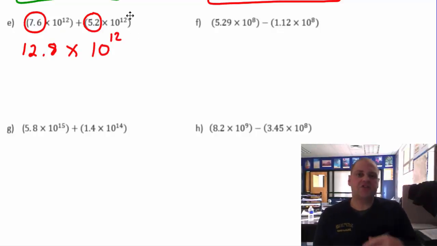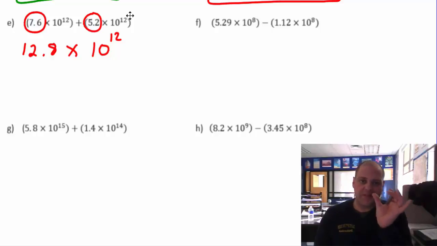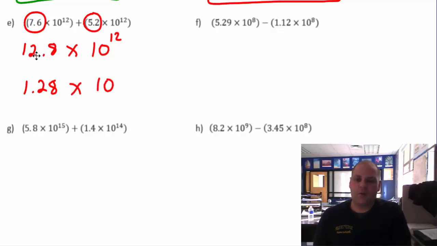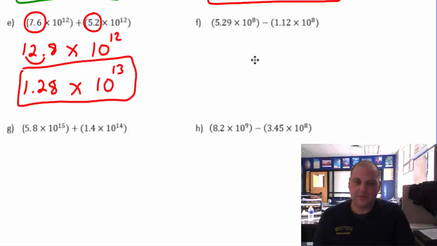Just like x squared plus x squared is 2x squared, and x to the 5th plus x to the 5th is 2x to the 5th. You keep the exponent when you're adding. Now I can't leave that. I have to go 1.28, just like we did the other ones, times 10 to the what? Well, I moved it 1 to the left, so the exponent has to go 1 to the right, so that becomes a 13. 1.28 times 10 to the 13th.